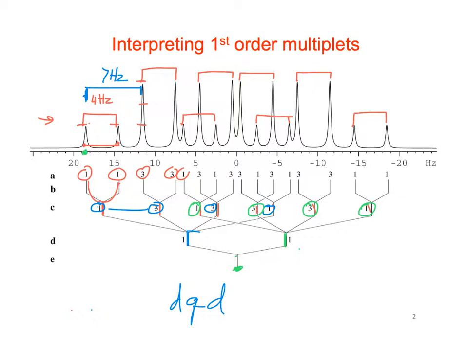And where do we find the left side of the other quartet? Okay, so it's 1 to 3 to 3 to 1. But they're overlapped. Okay, I see. They're overlapped. Right? So it's going to be from the left side here to the left side right here.